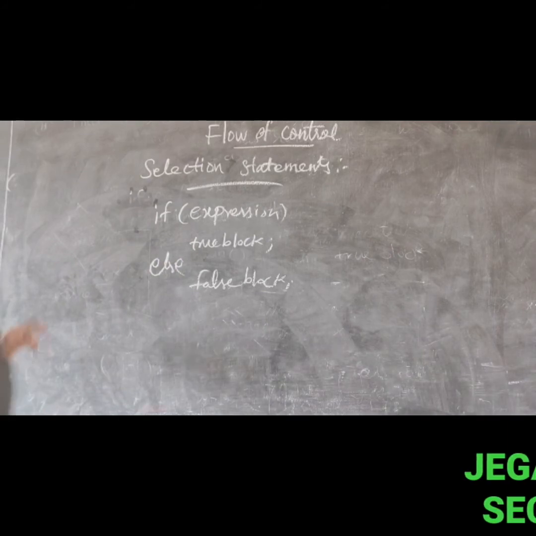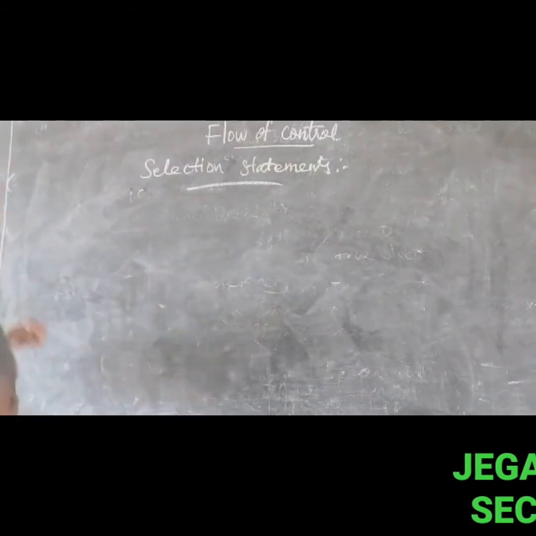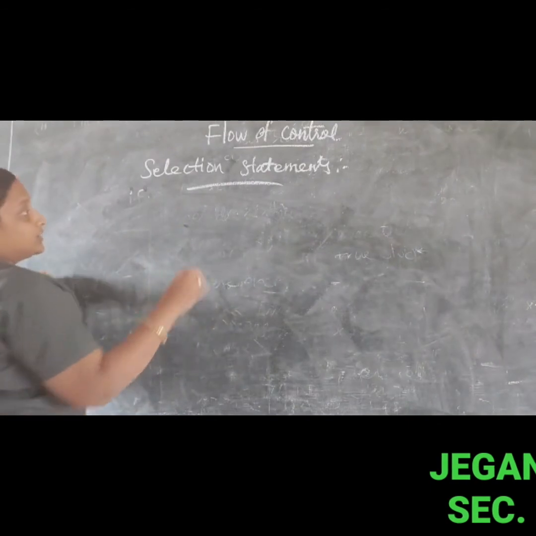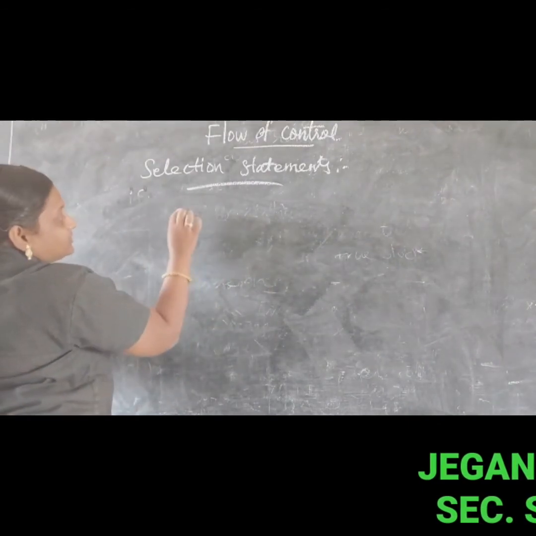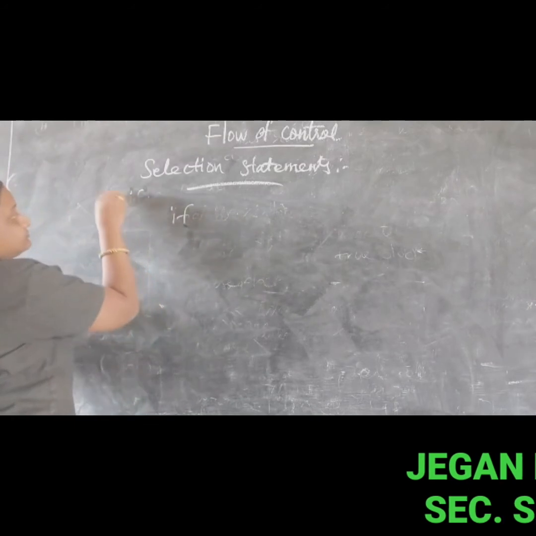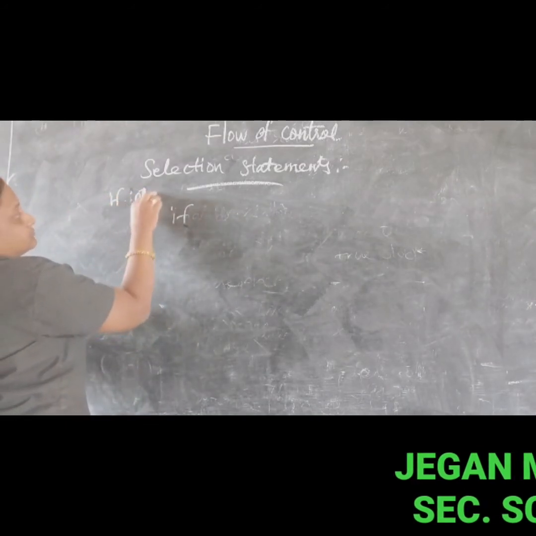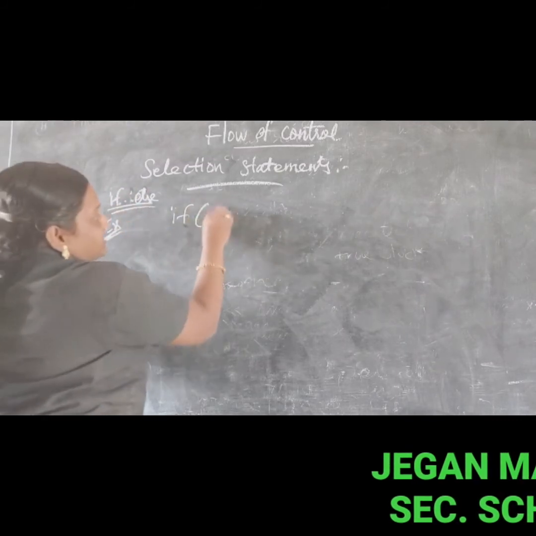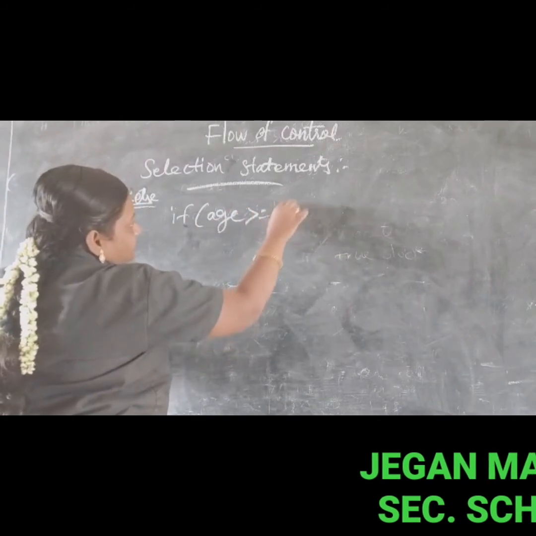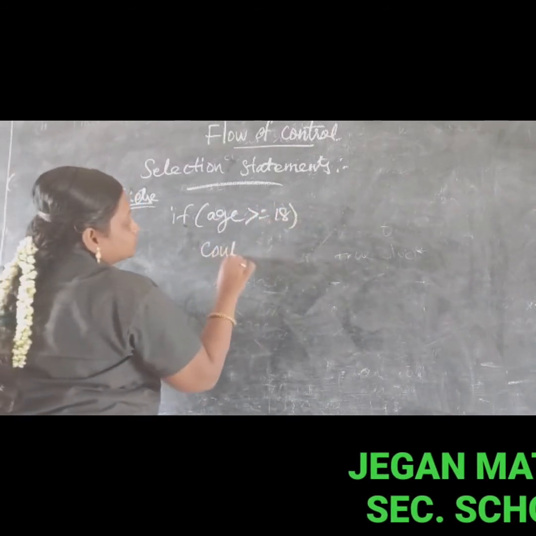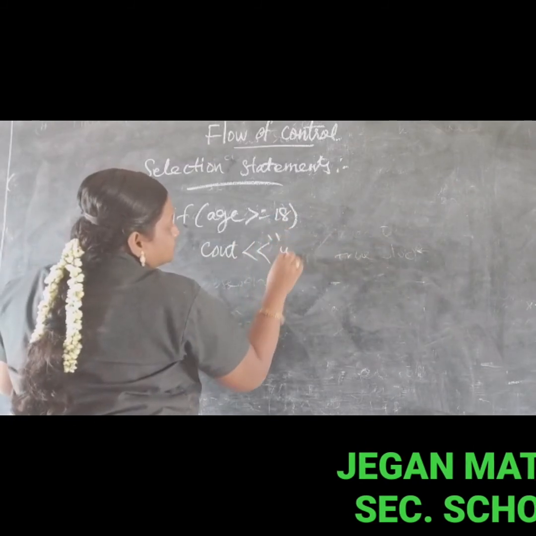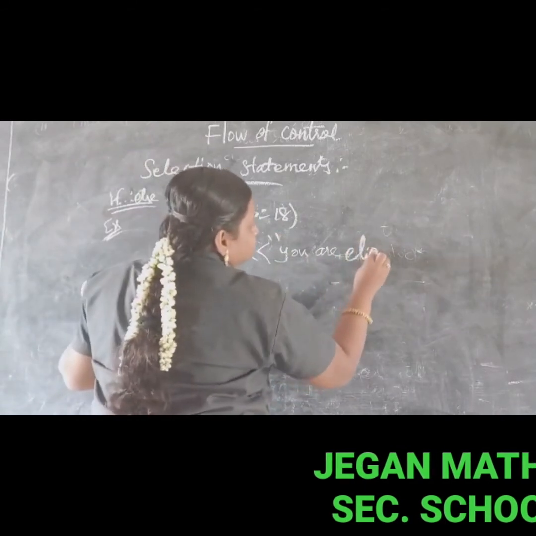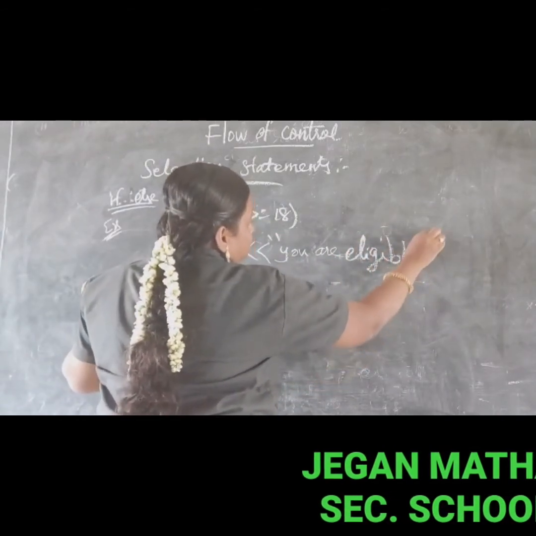Now let us see the example program. The same example: check whether the age is eligible for voting or not. We use only one variable. If age greater than or equal to 18, the condition is true, cout you are eligible.